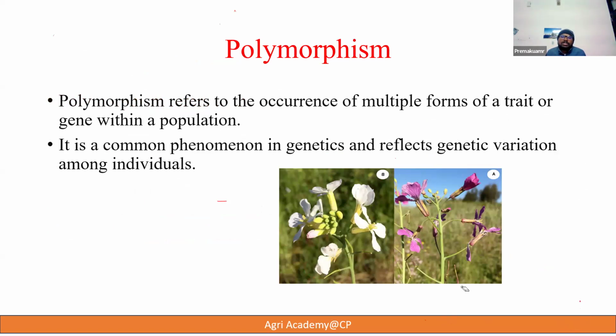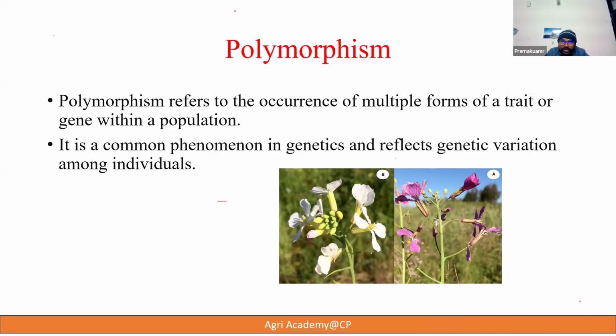For example, take flower color. White color flower is one form; if there are more colors, it is again highly polymorphic. It is a common phenomenon in genetics, meaning every gene has an alternative form. This is called polymorphism.